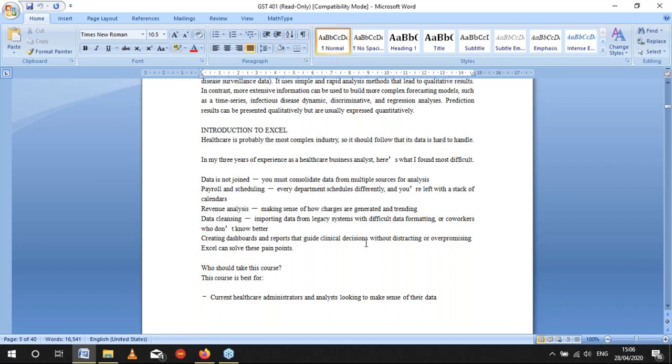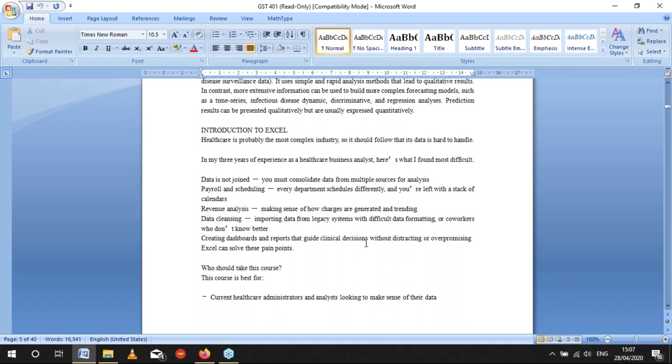Number 2, payroll and scheduling is done. They schedule their programs. Number 3, they want to talk about revenue analysis. They want to analyze their revenue, their means of income. Then the last one under the reasons is data cleansing.